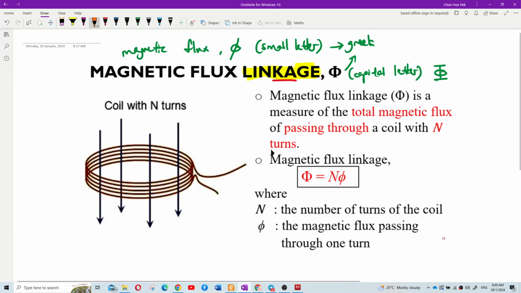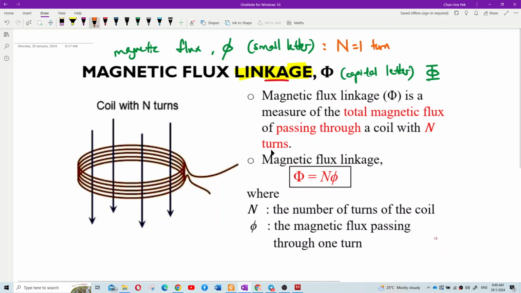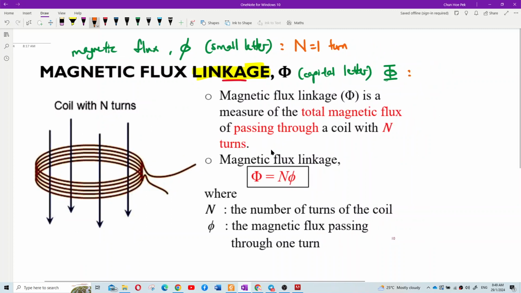Magnetic flux, the small letter one, is for one turn, or we can write n equal to 1. If magnetic flux linkage, you have n turns.